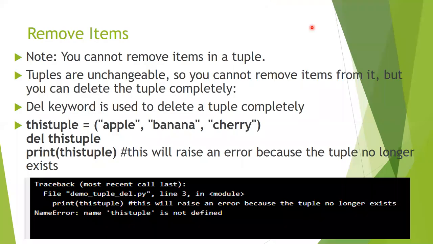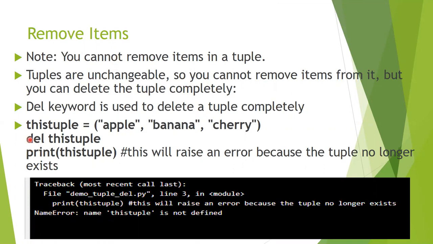Now, if we want to remove items from a tuple, then as we have discussed earlier, tuples are immutable, means we can't change the members of a tuple, means we can't remove any item from a tuple, but we can delete a tuple completely. For this, we can use the keyword del.